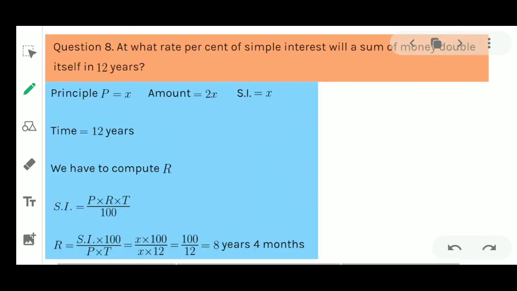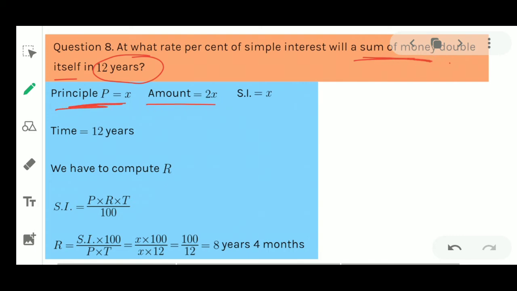Question number 8. At what rate percent of simple interest will a sum of money double itself in 12 years? Okay, so let principal equal to x, and as per the question, the sum of money, that is principal, doubles itself.